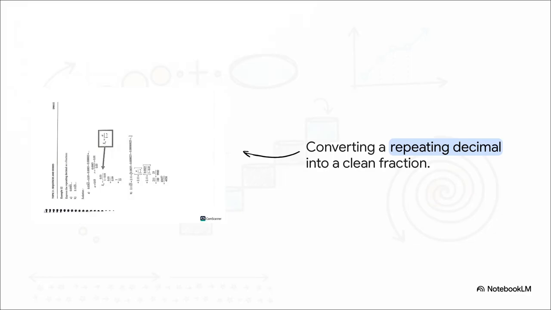When we plug those numbers in, we're basically calculating 0.03 over 1 minus 0.01. That gives us the fraction 0.03 over 0.99. By simplifying that down, we get the final, elegant answer of 1 over 33. Just like that, a beautiful, clean fraction born out of an infinitely repeating decimal.